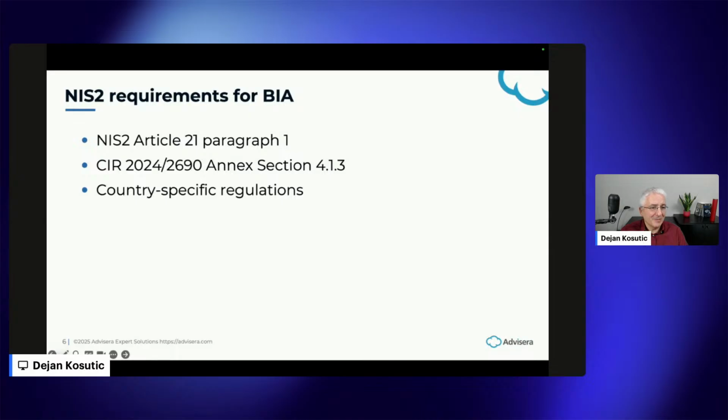So NIS2 is a baseline, and then you have details in the laws and regulations. Each country should specify more rules in its laws and regulations. However, when you read these local rules, in most cases they again do not tell you what business impact analysis is or how to do it. So again, you cannot really rely fully on these laws and regulations or anything that is official.